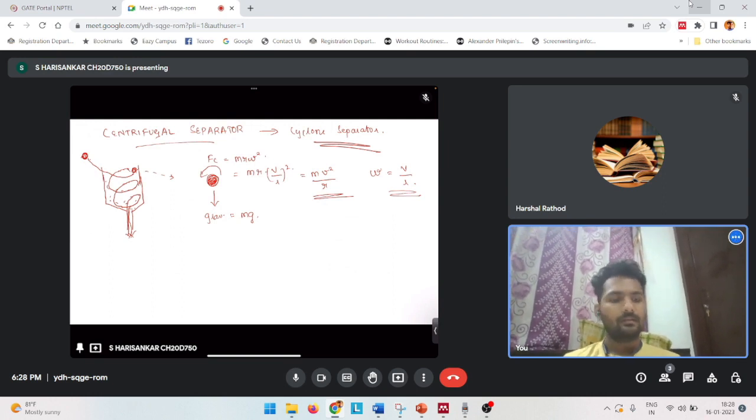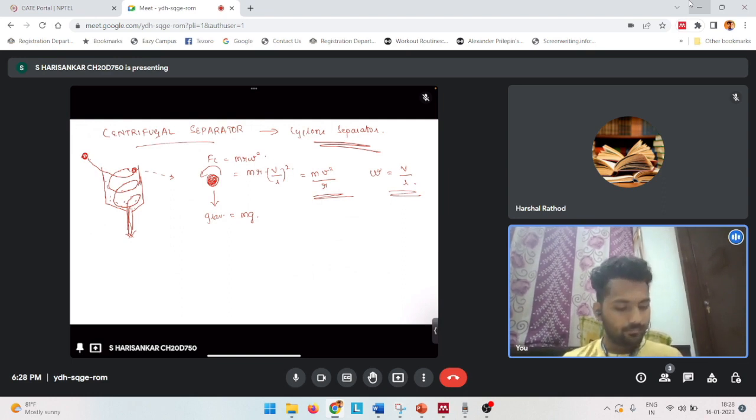Now these two forces act on the particles in a cyclone separator, and at equilibrium the centrifugal force will be equal to the gravitational force, that means mg will be equal to m v square by r, or m r omega square.